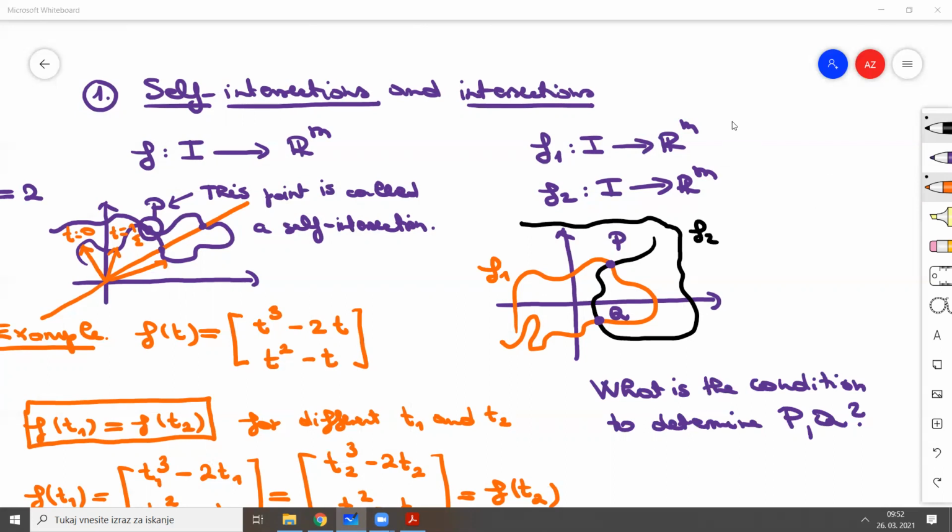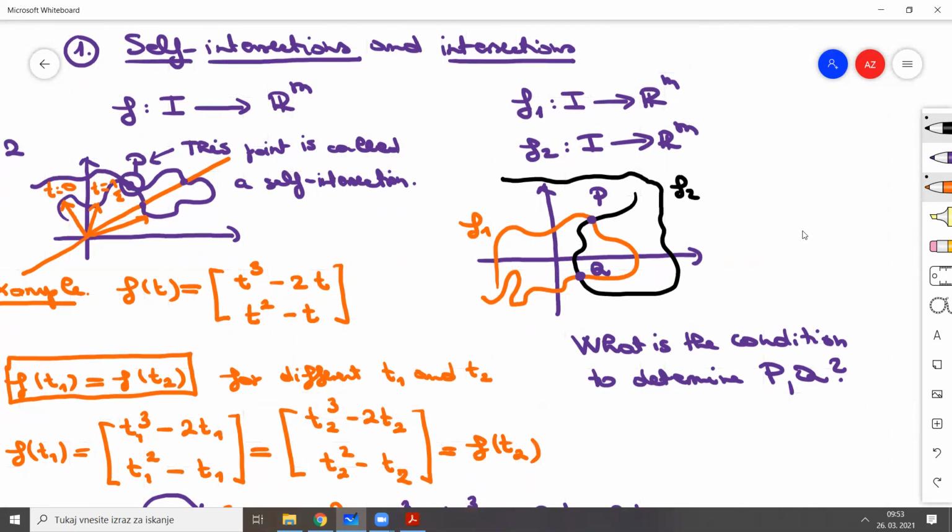Yes, F1 is equal to F2, exactly. So we have to solve F1 is equal to F2. And the parameters do not have to be the same. If we only study if the curves intersect, then T and S can be different, because we are only interested in the traces of our curves.